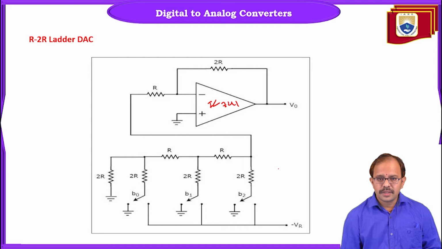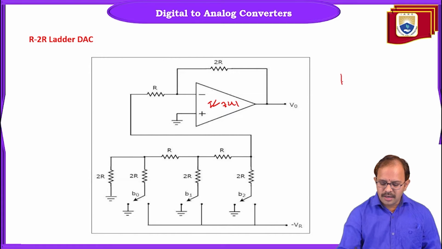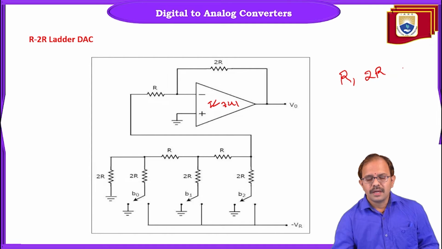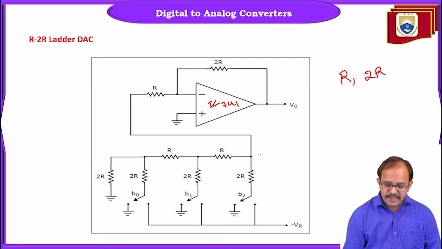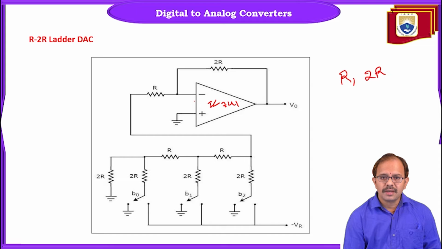This time the network is built using only two types of resistors, R and 2R. Unlike the previous design, where the resistance value varies continuously and the difference between two resistors is very large, here the situation is quite different. We use only two types of resistors, and this network is connected to the inverting terminal of the operational amplifier.